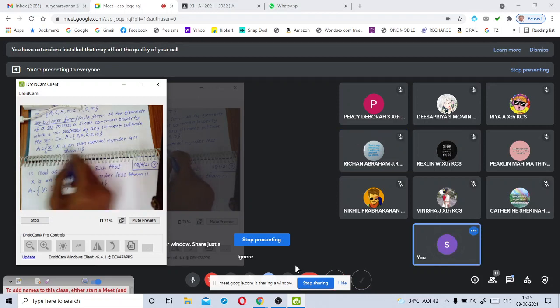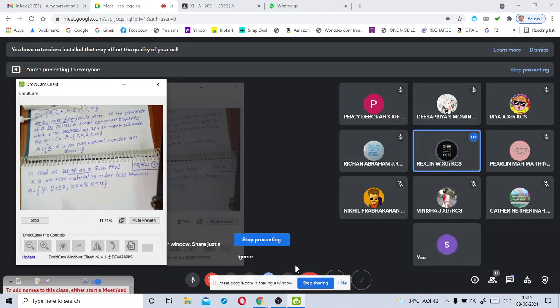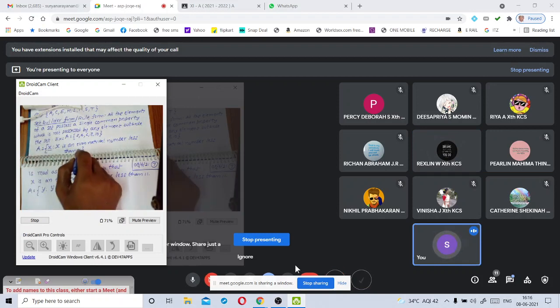Rexlin, can you read these two lines? Yes, sir. A is equal to set of all x such that x is an even natural number less than 11. Very good, Rexlin. Can you read the two lines, my dear Perlin? Mahima? Yes, sir.